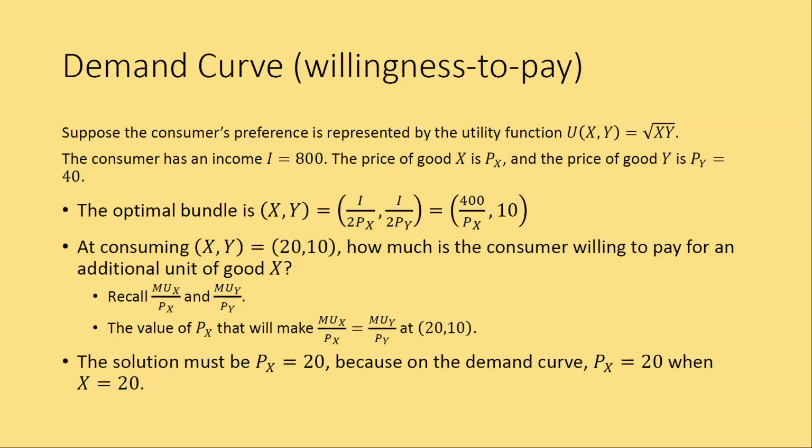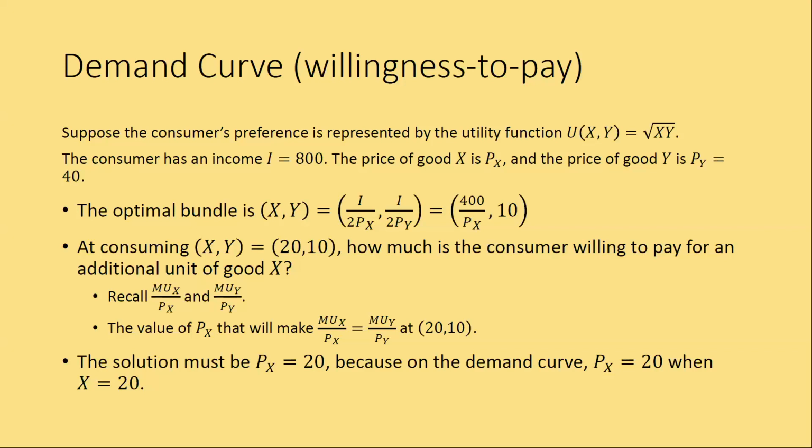And only slightly is enough, and doing so will allow her to increase her total utility. So those two must be equal at the point where the consumer is making an optimal choice. So this expression becomes useful when we are trying to answer this willingness to pay question.